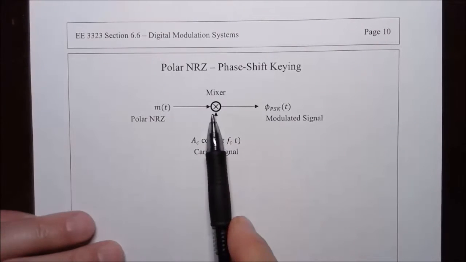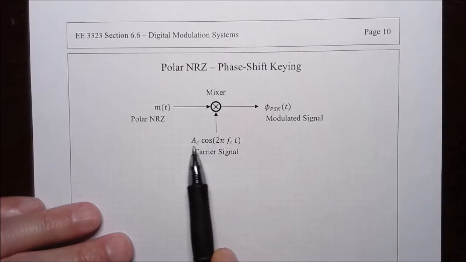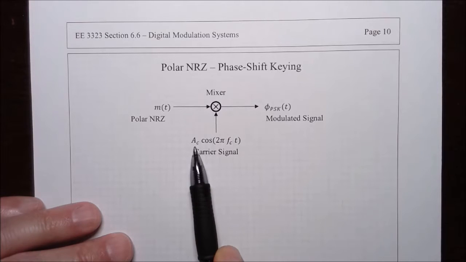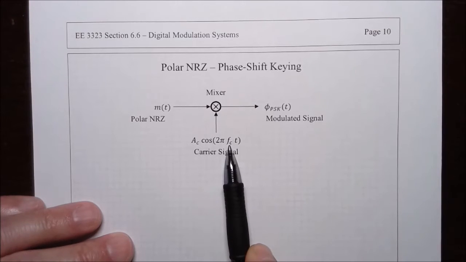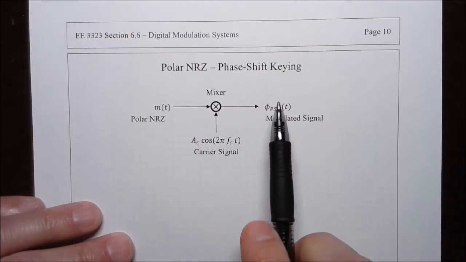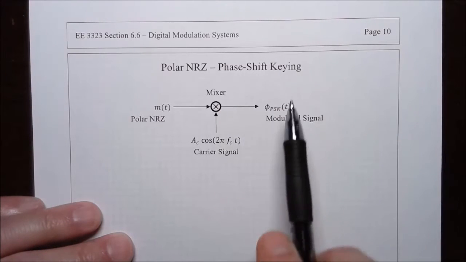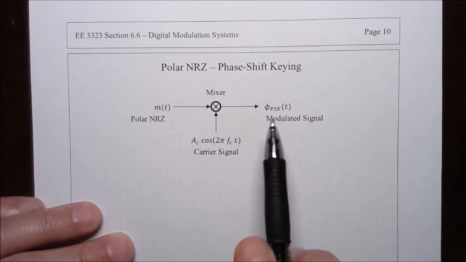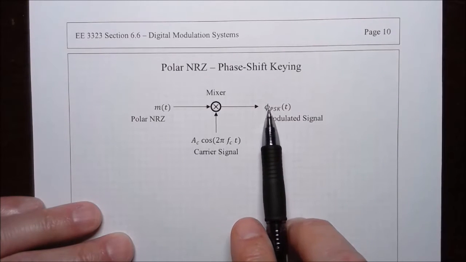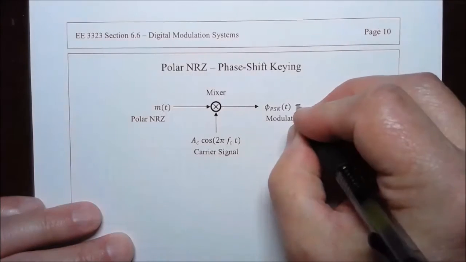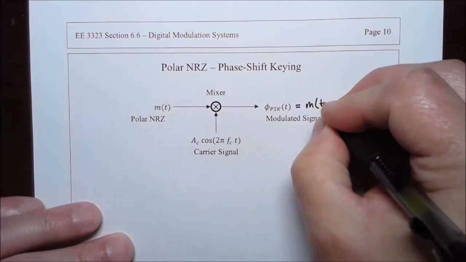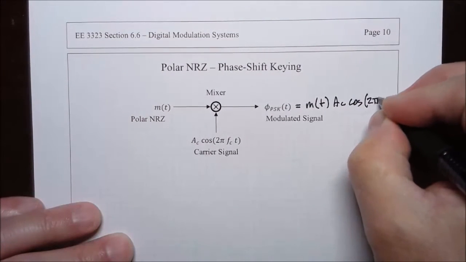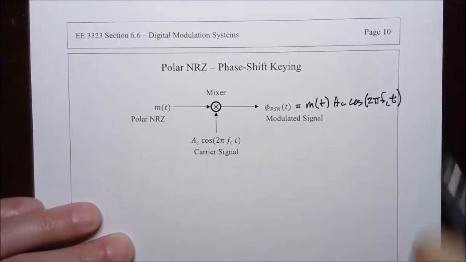We take this signal into a mixer as before and mix it with a carrier signal, amplitude AC, carrier frequency f sub C, and this will give us a phase shift keyed signal, and we'll see that when we look at the pictures. We're still multiplying m of t times AC cosine 2 pi fct.